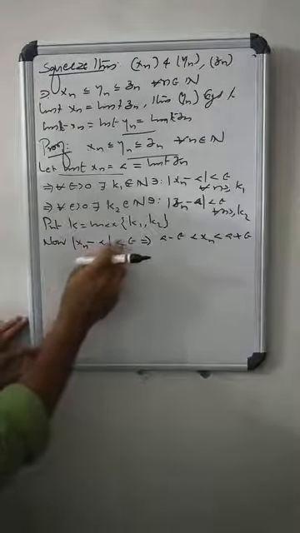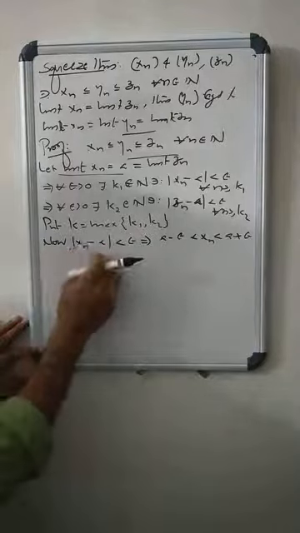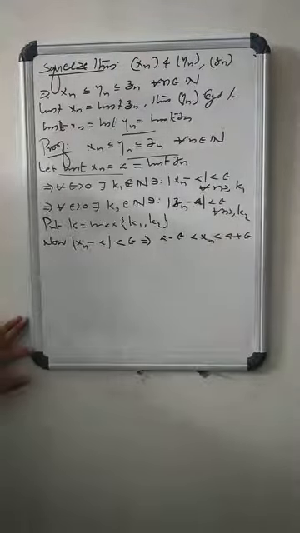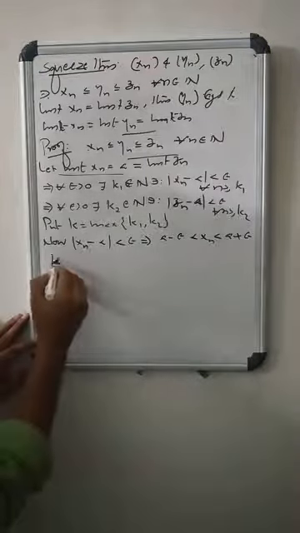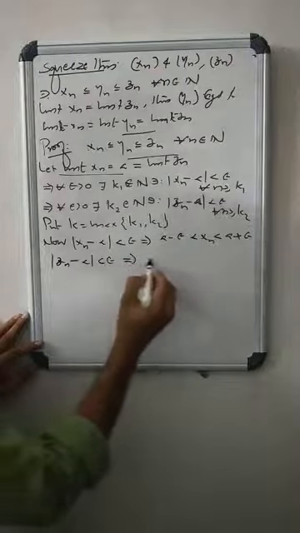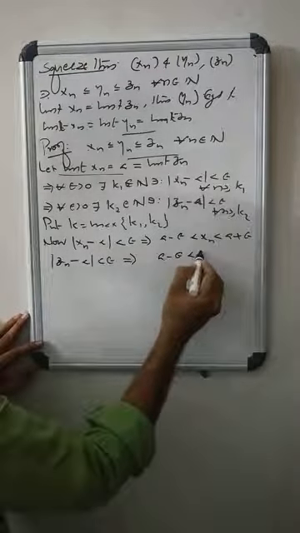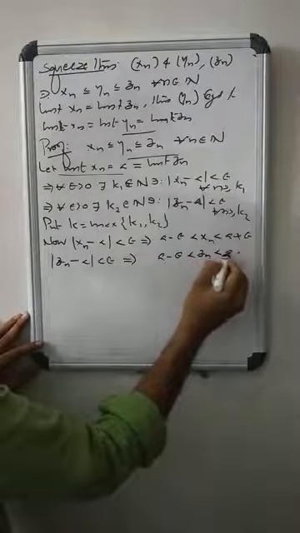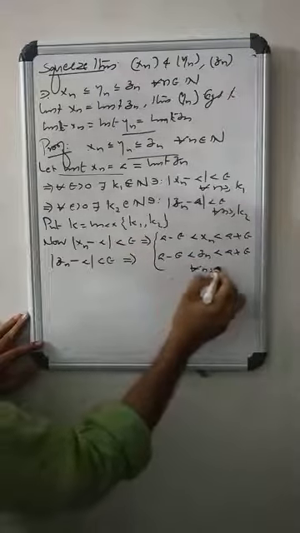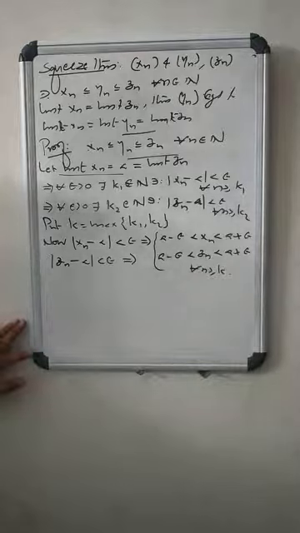Similarly, mod zn minus a less than epsilon means a minus epsilon less than zn less than a plus epsilon. So these two hold for all n greater than or equal to k.